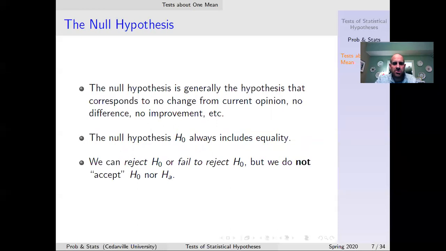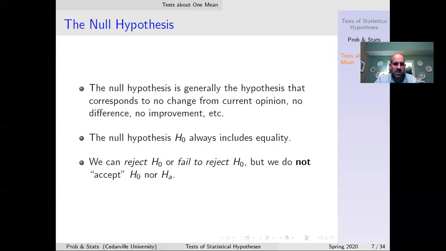So the null hypothesis is generally the hypothesis that corresponds to no change from current opinion, okay? No difference, no improvement. It's just equal to whatever it was before, okay? The null hypothesis always includes equality, okay? So that's something to bear in mind.